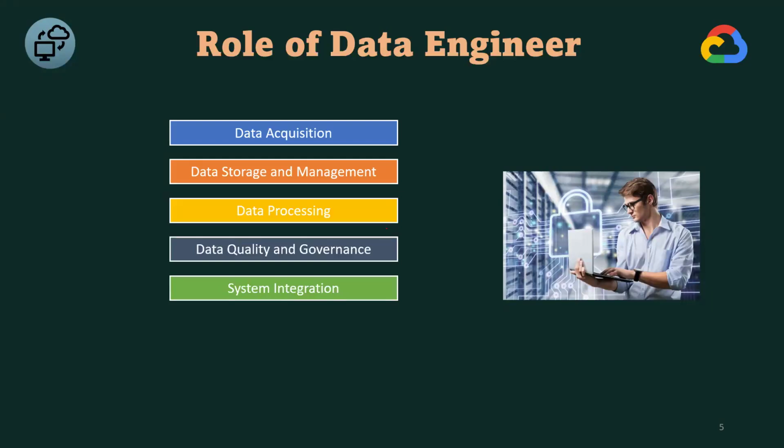Working with large amounts of data every day is not that easy. It takes a lot of time and effort. So that is the reason we integrate multiple systems and create a pipeline. When we create a pipeline, we schedule it and it will work every day at some point of time, so that we don't need to worry about it.